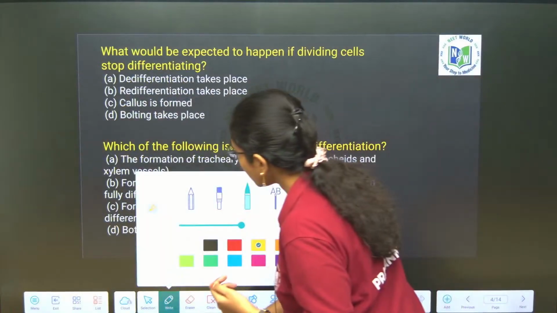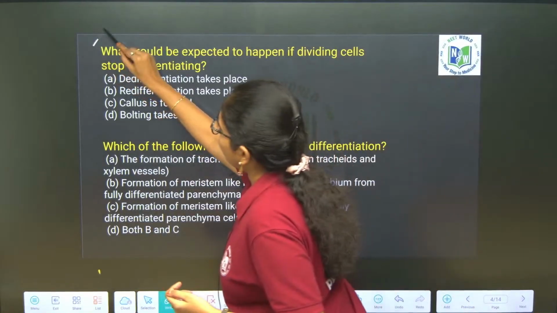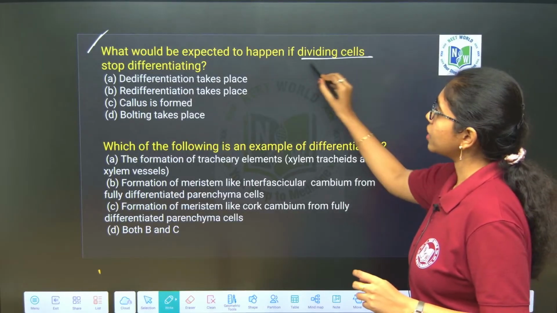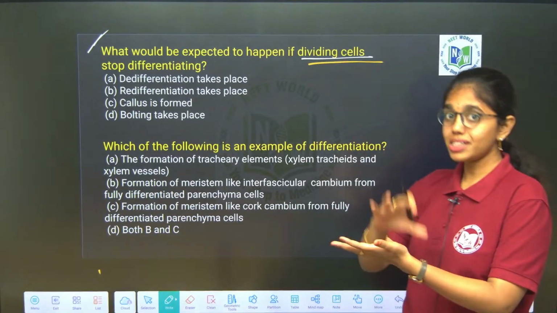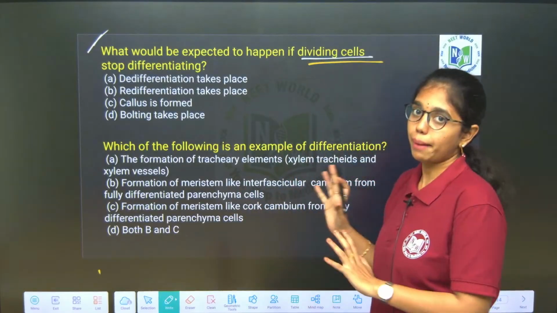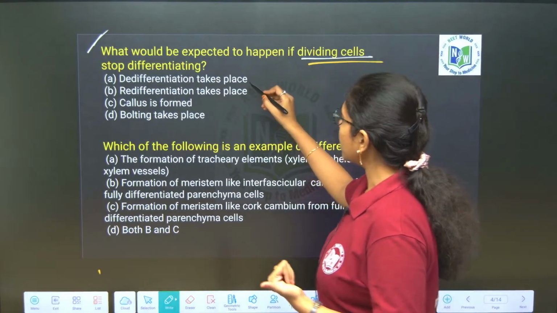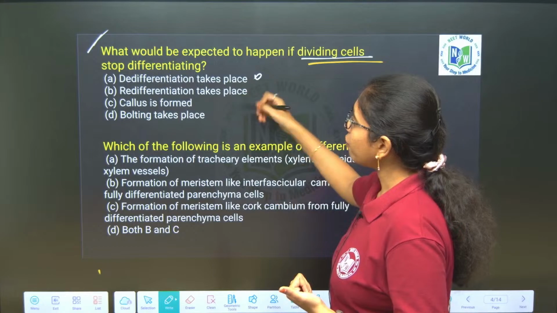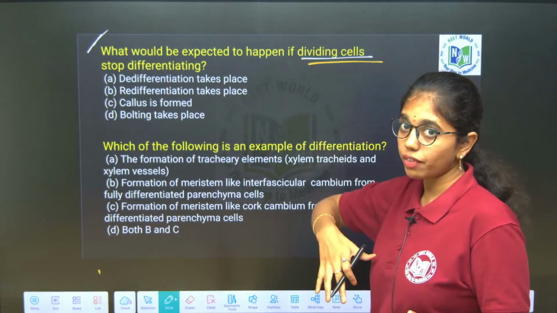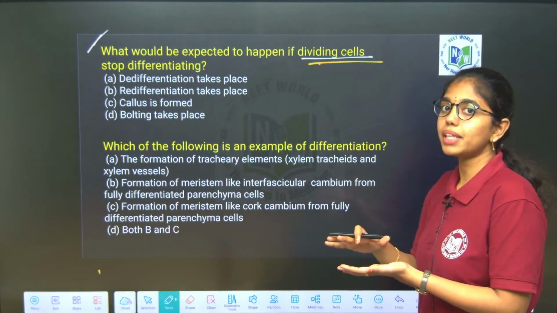Next, look at the third question keenly. What would be expected to happen if dividing cells stop differentiating? Once dividing cells stop differentiating, what would be happening over here? There will not be any possibility of dedifferentiation and redifferentiation because the dividing cells are stopping their activity.